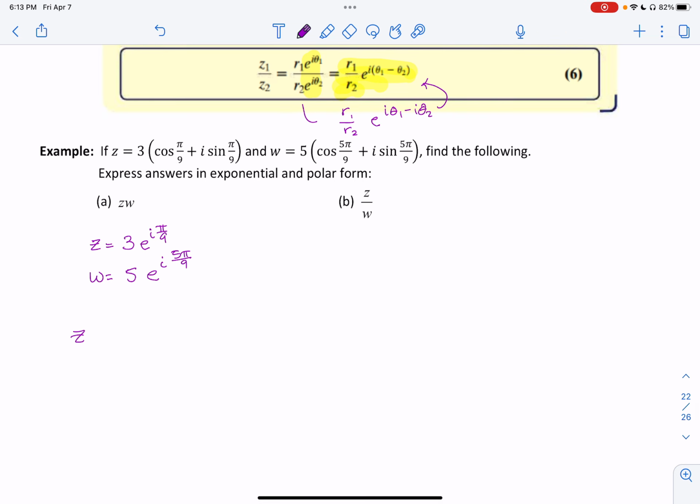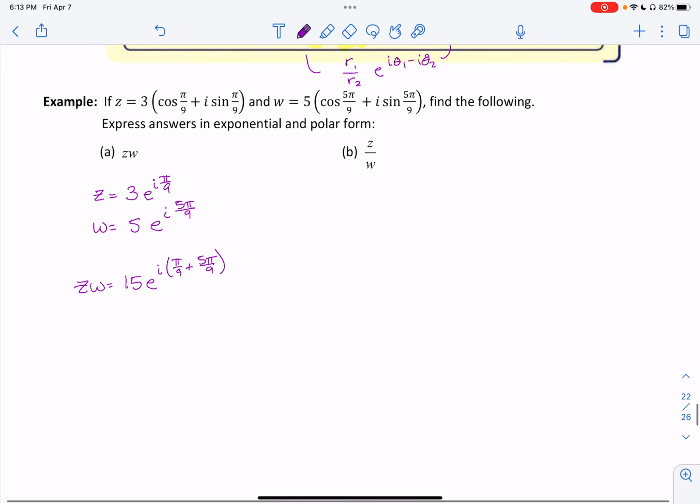So zw is going to be 15 e^(i times pi over 9 plus 5 pi over 9). I multiplied those two radii real quick in my head. It wasn't that hard. So we end up with 15 e^i, and I'm going to end up with 6 pi over 9.